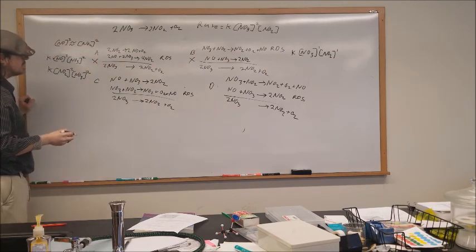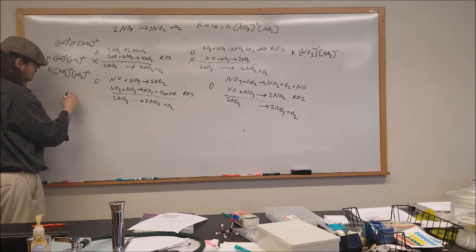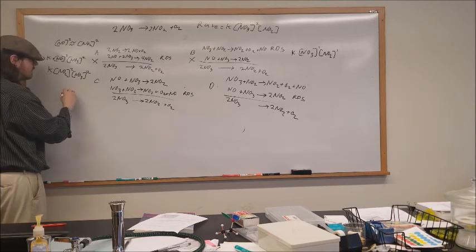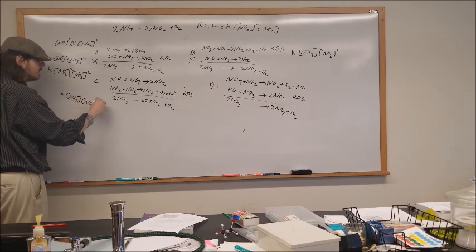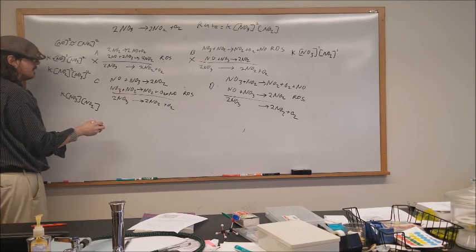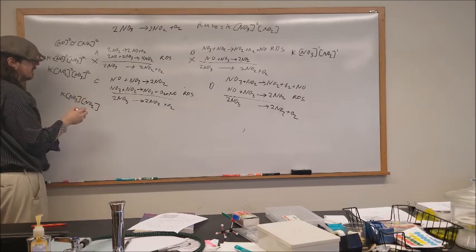Let's look at C. We have rate is going to be NO3, NO2, and the amount of NO2 is going to be dependent on NO and NO3.